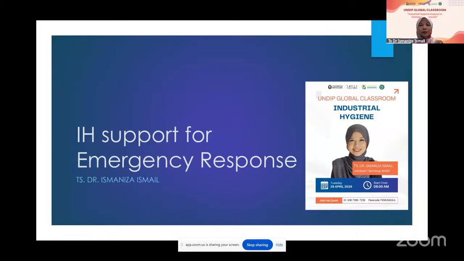There is already an answer from Ayudiana. She said, I'm going to protect myself first using medical masks and look for the source of the smell. Any other answer? Okay, Hussein said he will analyze what the cause is and then look for a solution. Nice.